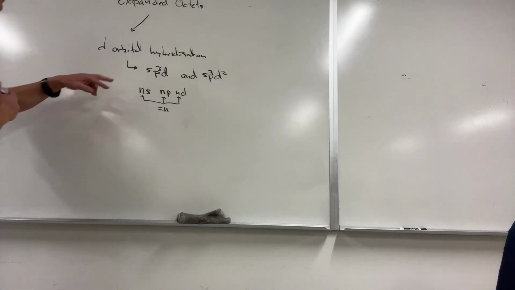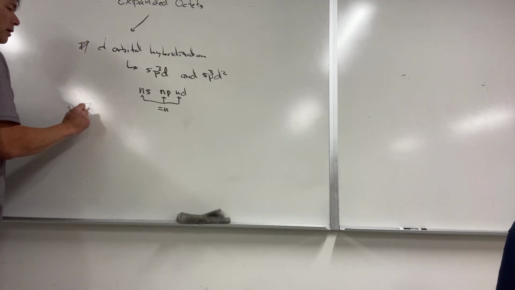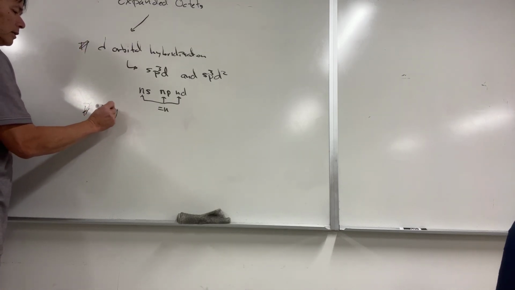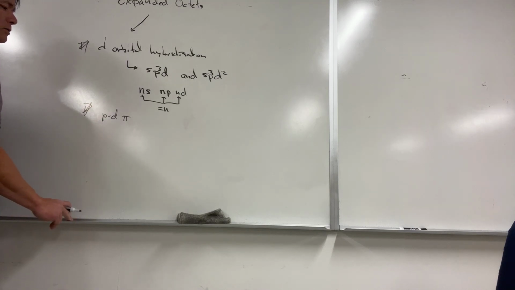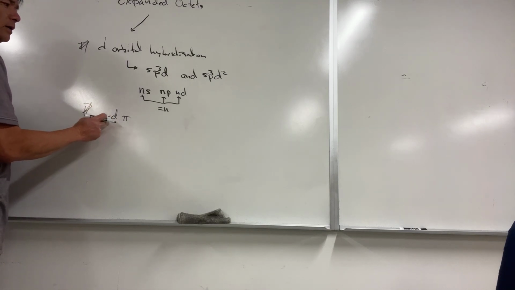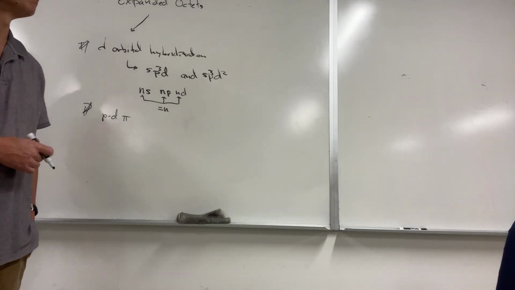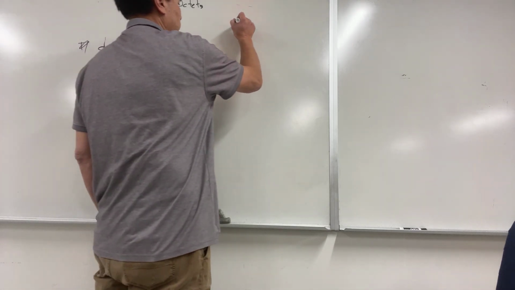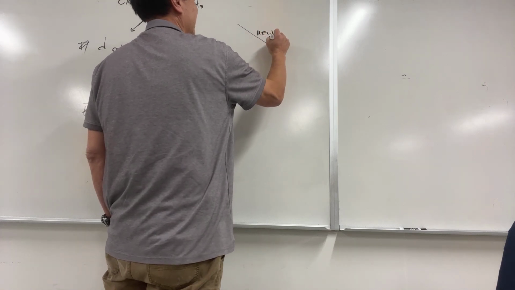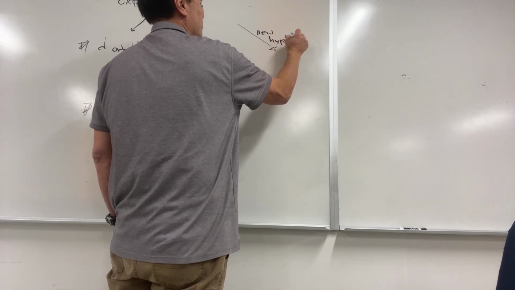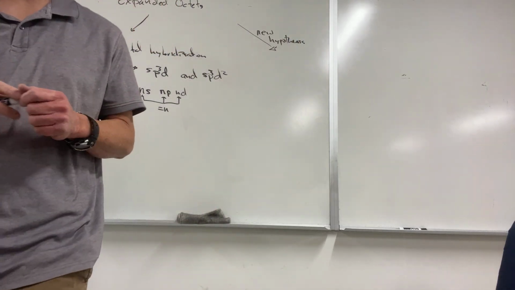We could have d orbital hybridization, or we could have pd pi bonding. If we have pd pi bonding, that would also allow one to expand the octet. Let's say we ran out of p orbitals, we could utilize a d orbital in pi bonding. A new hypothesis came along, which seems to be supported by the quantum mechanical calculations.